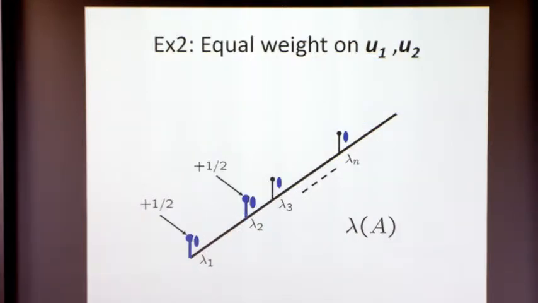Okay. Here's another example. Suppose I had a vector that has equal charge on the first 2 barriers, so equal projection on the first 2 eigenvectors. Then what happens is something that looks like this, like what I showed you in the first slide.